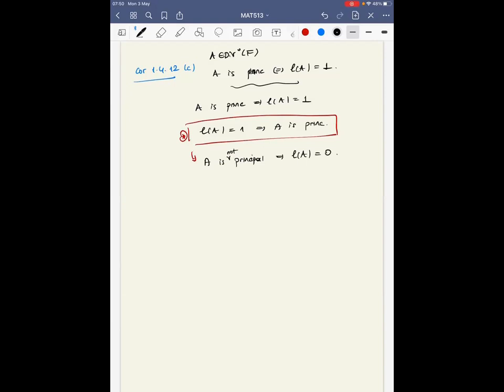So that means, for instance, if you consider a degree 0 divisor that is not principal, since its dimension is going to be 0, we can't get this equality. So in this case, this bound is not tight.